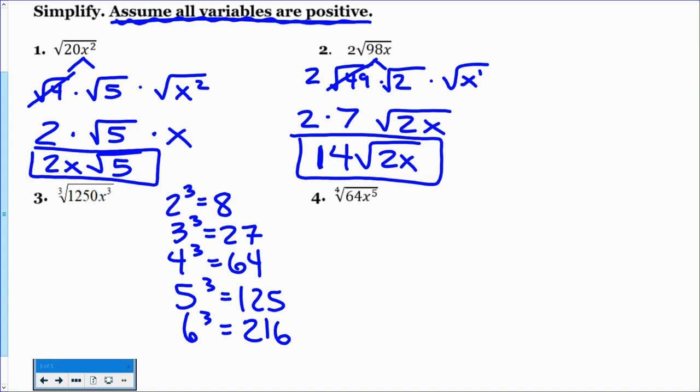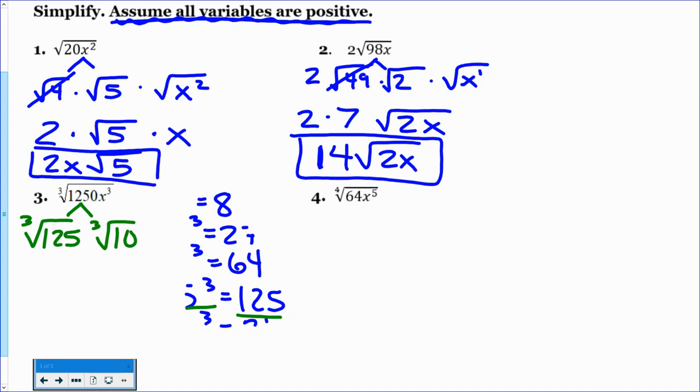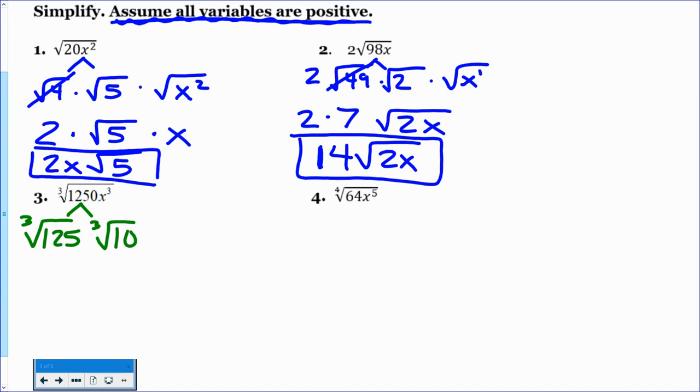So from here then, when I look at this, 125 is my perfect cube that divides 1,250. It would go in 10 times. Okay, and then I have the cube root of x cubed.